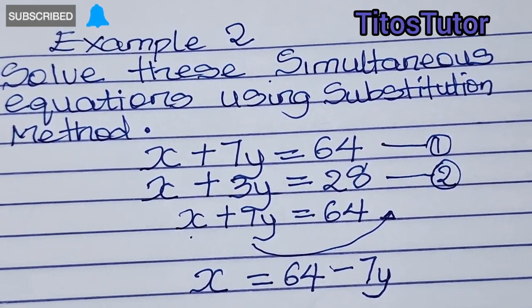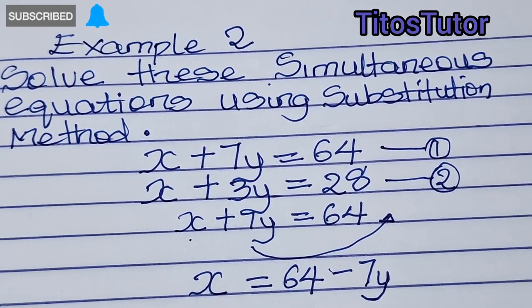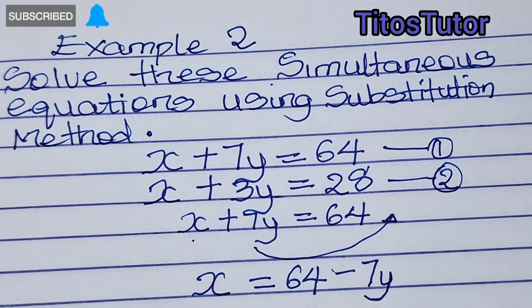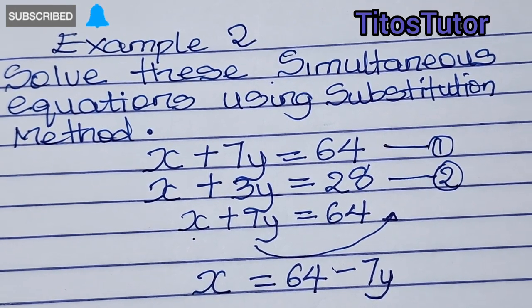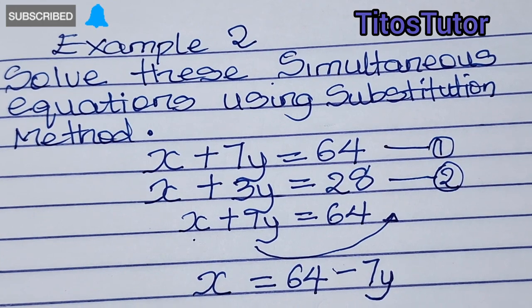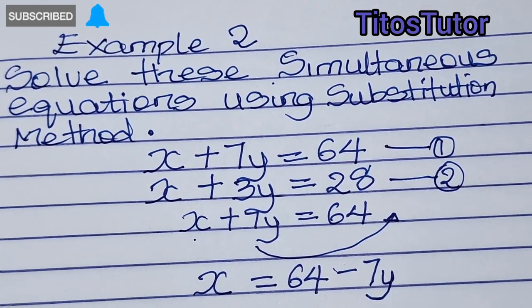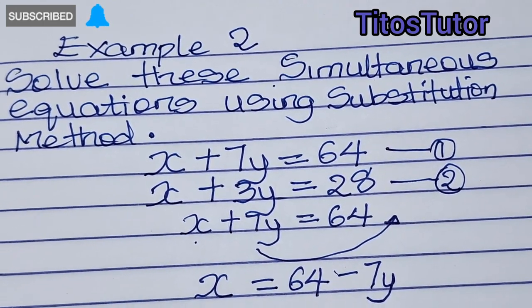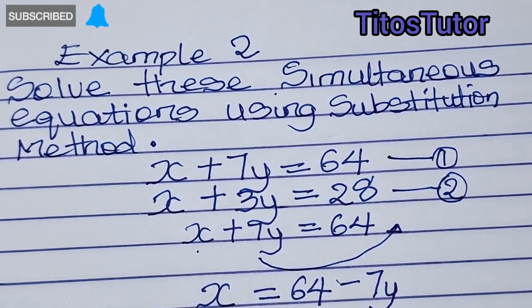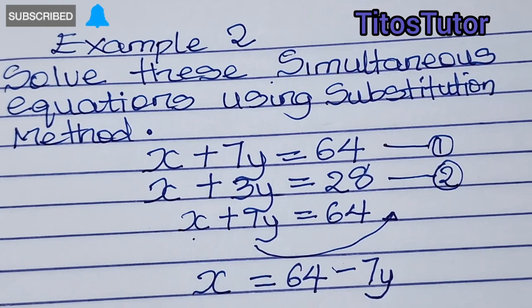As you can see, it's specified. And the first equation is x plus 7y equals 64. The second one is x plus 3y is equal to 28.